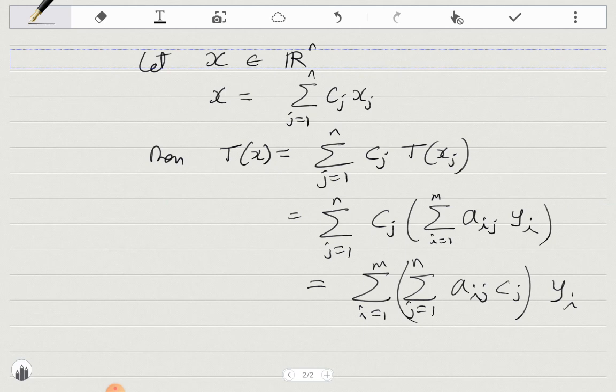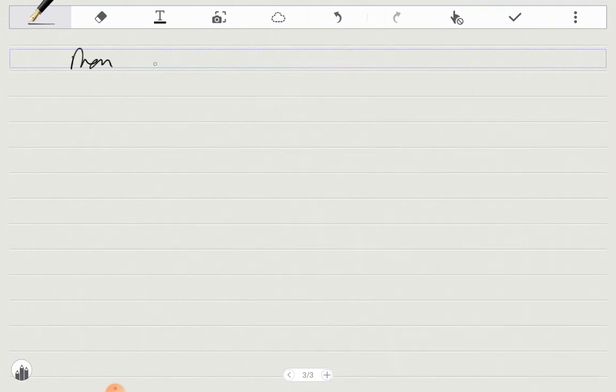So in short, the coordinates of this vector are given by these sums inside. Therefore, if x has coordinates C1 through Cn, then Tx has coordinates, of course, whenever we talk about coordinates, we must keep in mind that bases are involved.